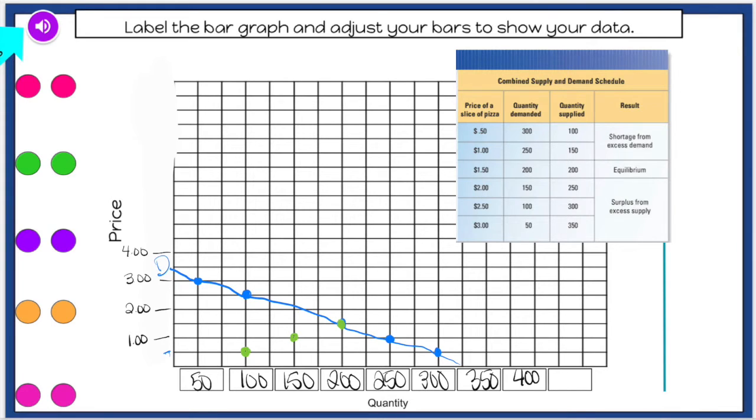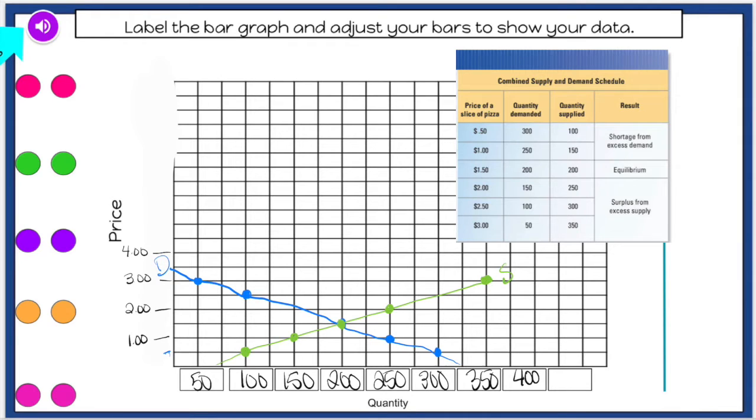At $2.50, they're willing to supply 250. I apologize. At $2.50, they were willing to supply 300. I said 250, but I should have plotted 300. And at $3, they're willing to supply 350. And so we'll draw a line to connect those dots, and that's supply.